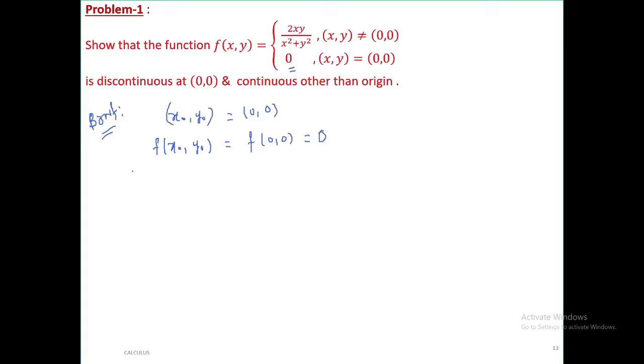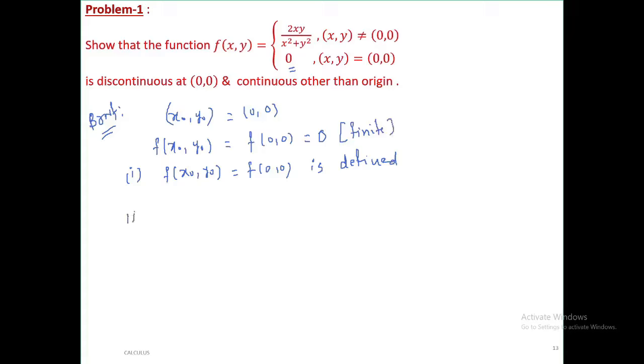So therefore the first point is satisfied. f of 0, 0 is defined, because 0 is a finite number.